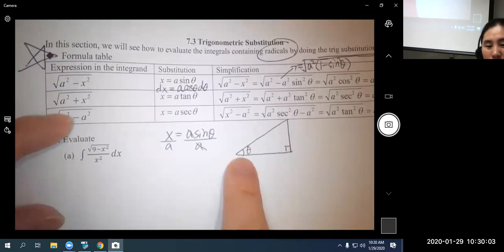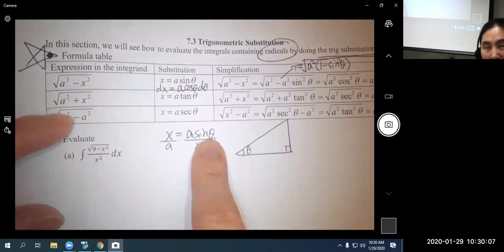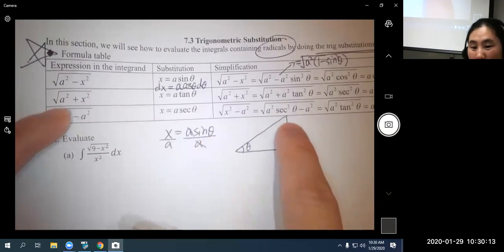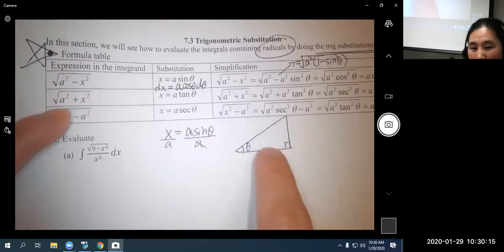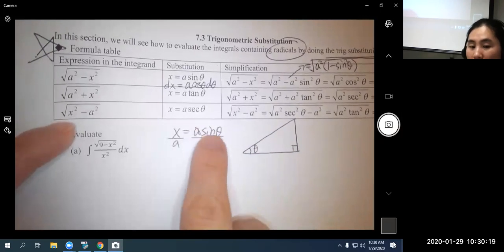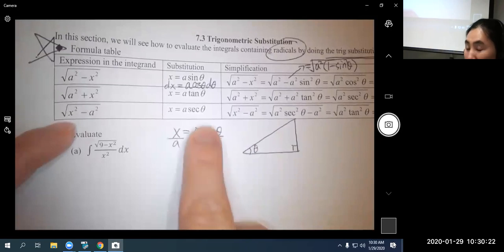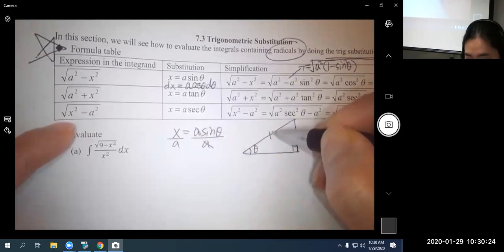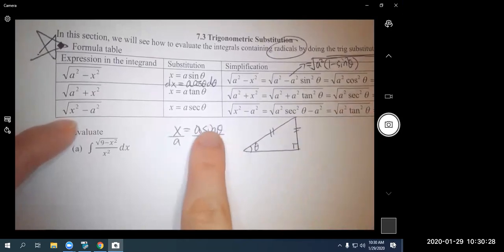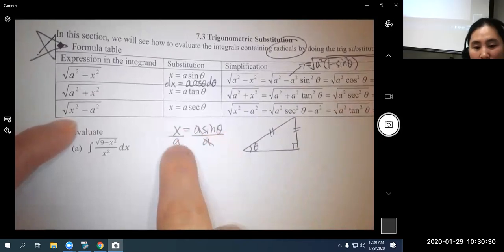I'm asking you, sin of theta is which side divided by which side? We have three sides: the opposite side of theta, the adjacent side of theta, and the hypotenuse. So sin of theta equals which side over which side? Opposite divided by hypotenuse. Yes, very good. Now our sin of theta equals x over a.